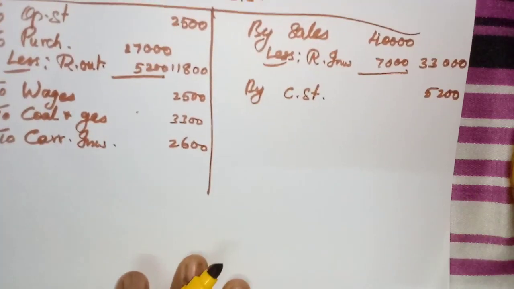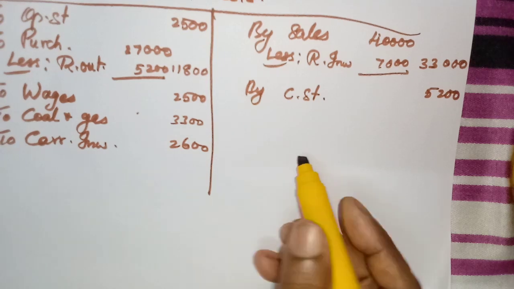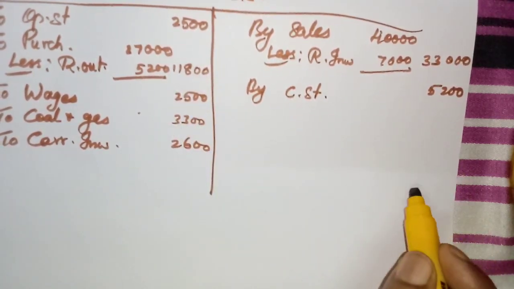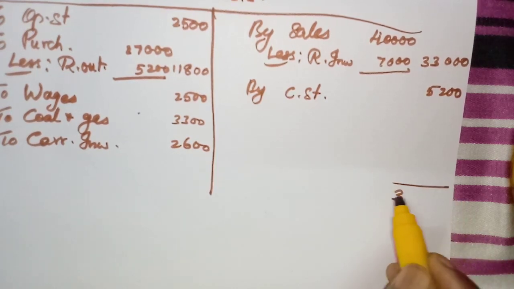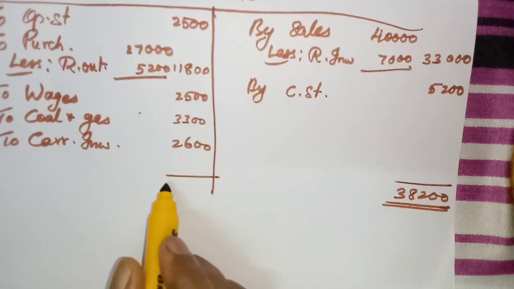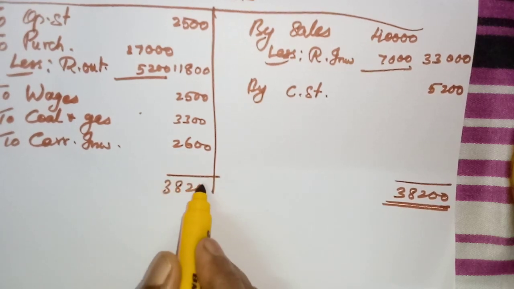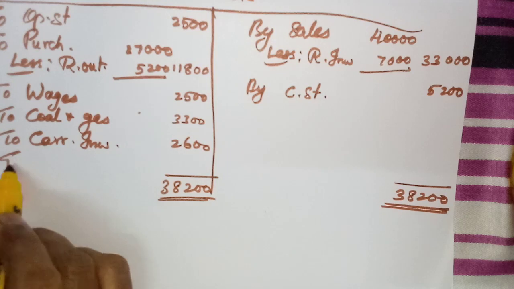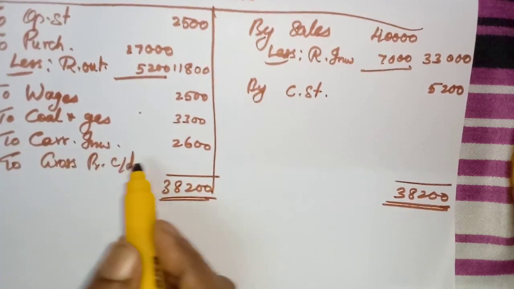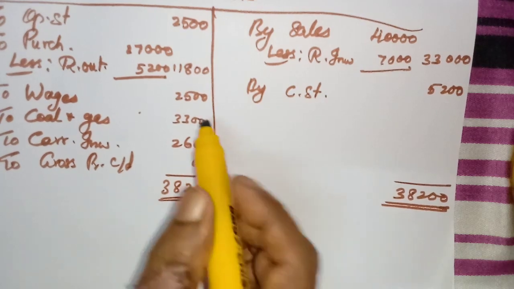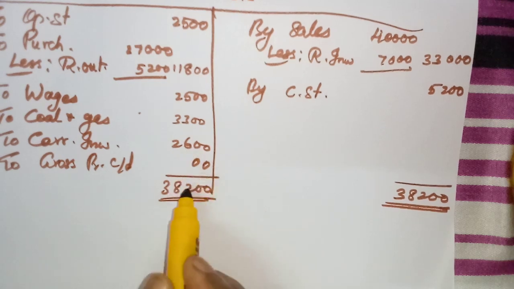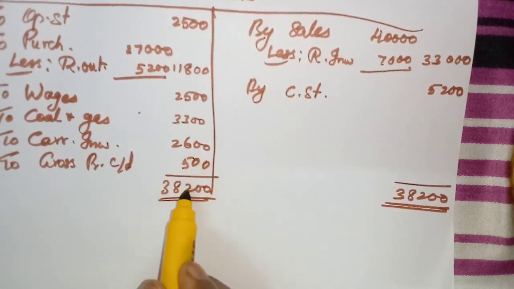Now we will balance this one. Here 38,000, here less only, isn't it? So we will add, 38,200. Same amount you write here also, 38,200. Then to gross profit carry down. Add here: 5, 13, 18, 21, 27. 27 plus 5, 32.